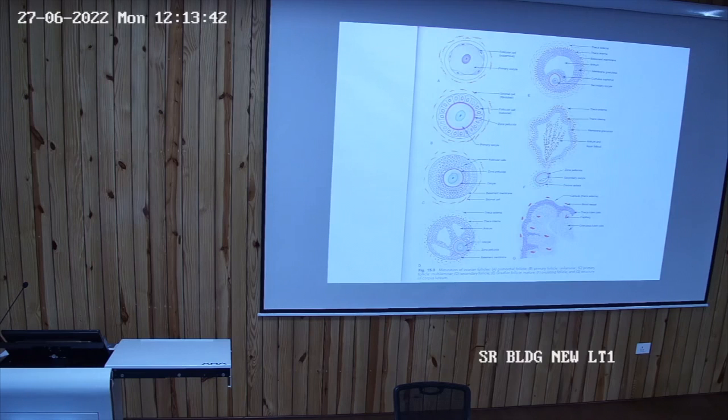So under the control of FSH, these primordial follicles develop into the primary follicles. The primary follicle shows these stages: the oocyte increases in size, squamous cells convert into columnar cells, and zona pellucida develops.